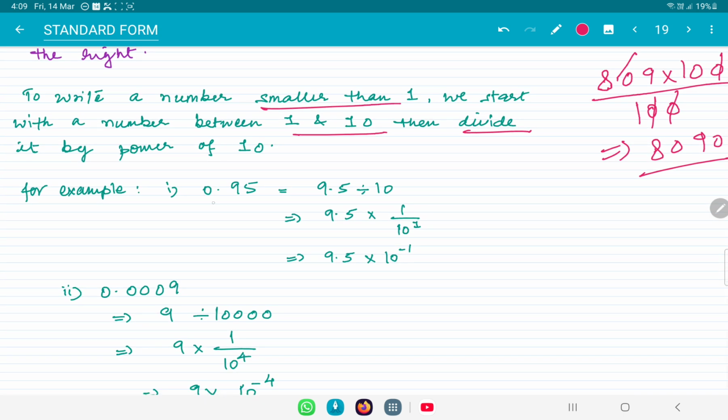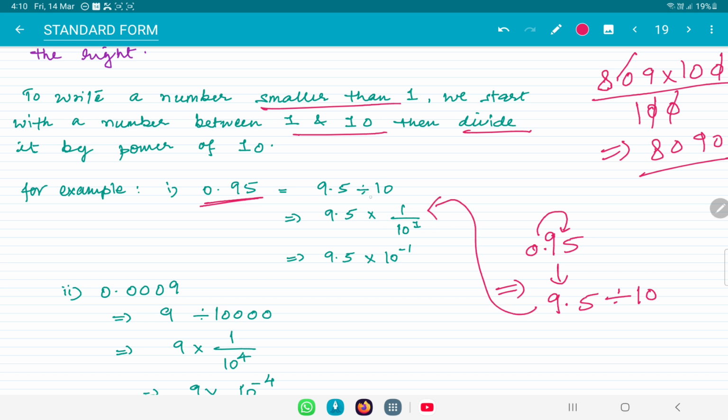For example, if we have 0.95, as I have already told you, your decimal should be after one digit. So we have 0.95, but the decimal should be where? 9.5. So how many places is our decimal shifting? 1. Since only one place is shifting, we will divide it by 10.